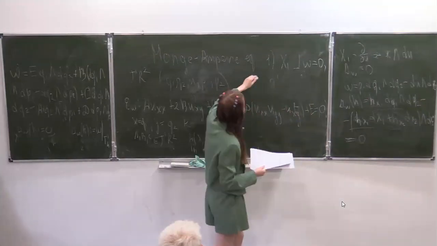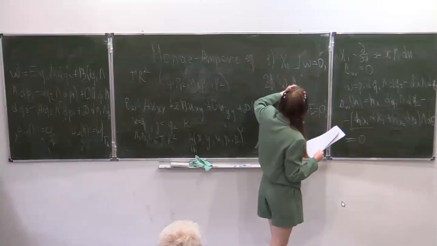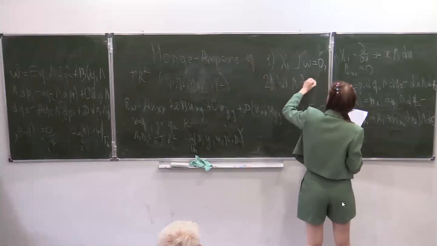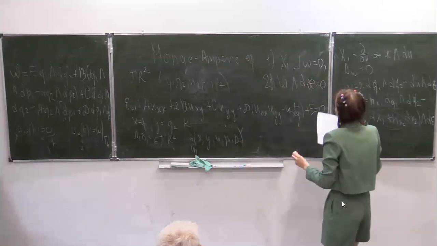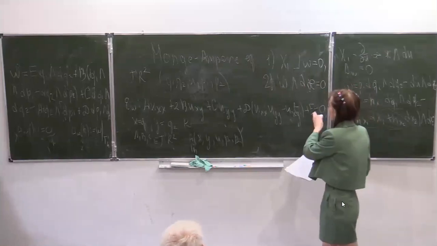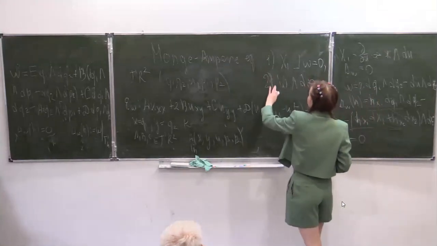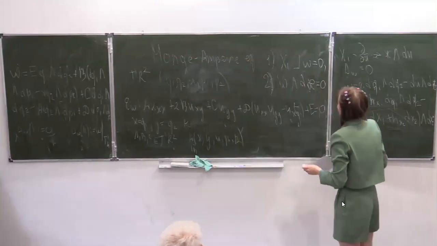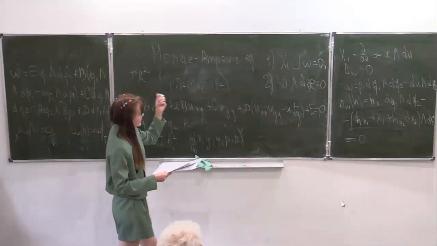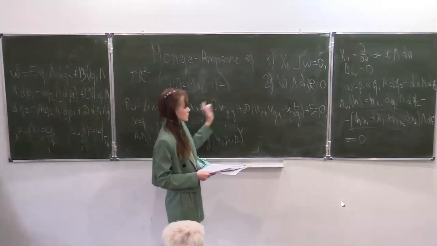Remove. And the second condition: omega should be, where kappa is a Cartan form, omega 0. Omega 0, as I said before. To choose only effective forms, we will take only Monge-Ampere equations.